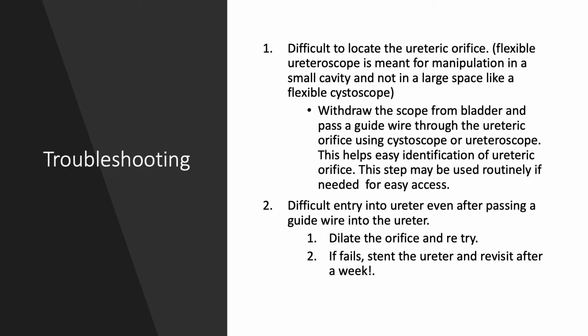This is due to the narrow ureteric opening or the small caliber of the ureter. You dilate the orifice and ureter over the guide wire 2 French more than the size of your scope and retry. If it fails, stent the ureter and revisit after a week.